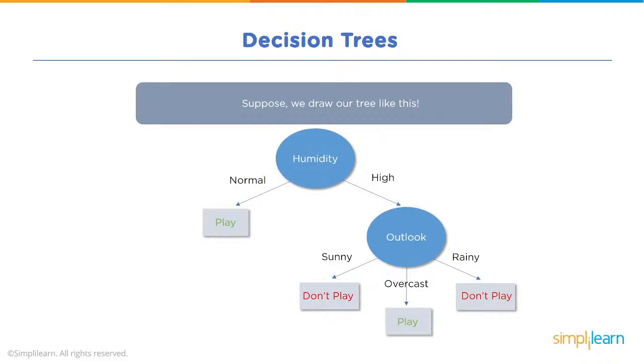And if the outlook is sunny, overcast, or rainy, it's going to change what you choose to do. So if you know that it's a very high humidity and it's sunny, you're probably not going to play golf because you're going to be out there miserable, fighting off the mosquitoes that are out joining you to play golf with you. Maybe if it's rainy, you probably don't want to play in the rain. But if it's slightly overcast and you get just the right shadow, that's a good day to play golf and be outside, out on the green.